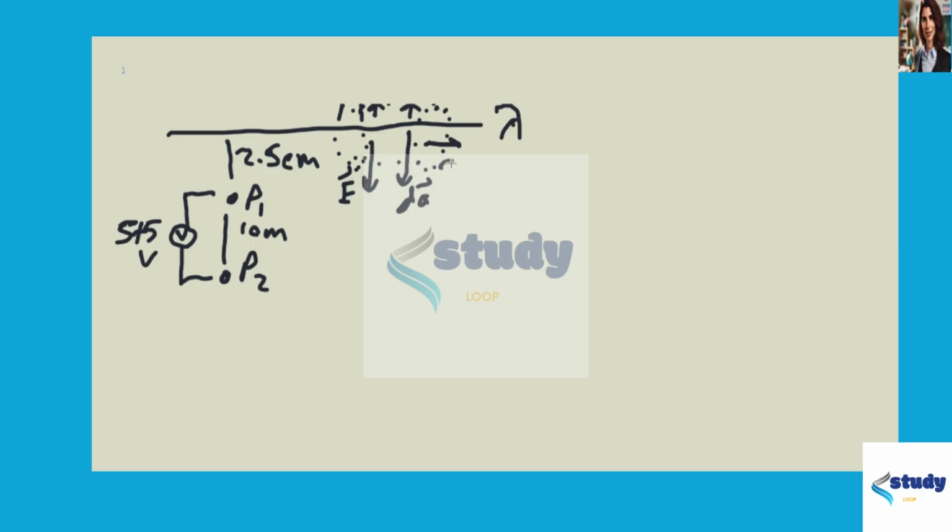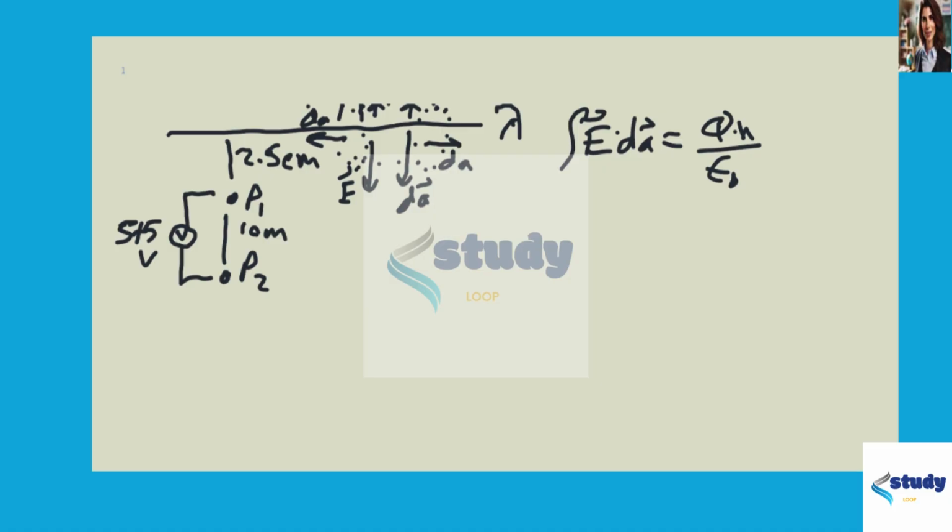But on the end caps, dA points left and right. So on the end caps, dA and E are perpendicular, and therefore the integral for Gauss's law, the integral of E dot dA equals Q enclosed over epsilon naught, will be 0 on the end caps.